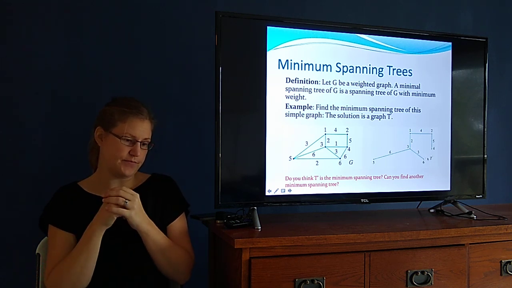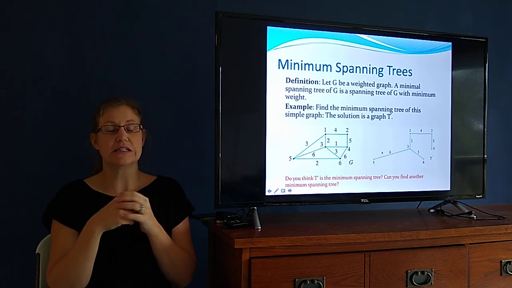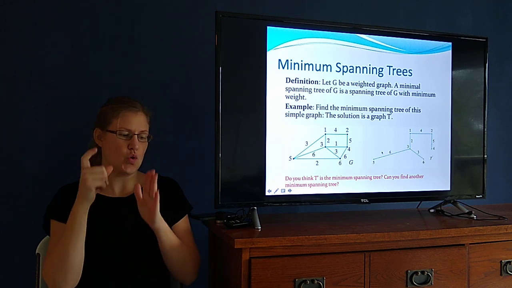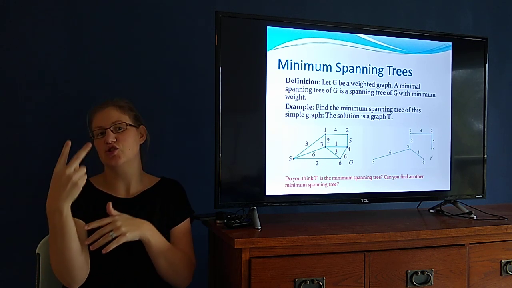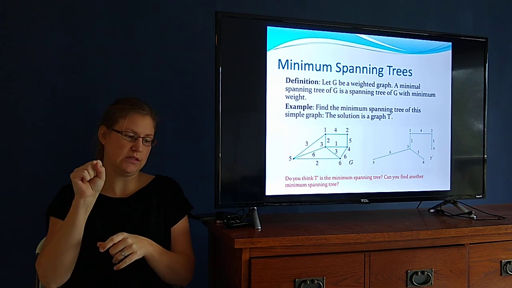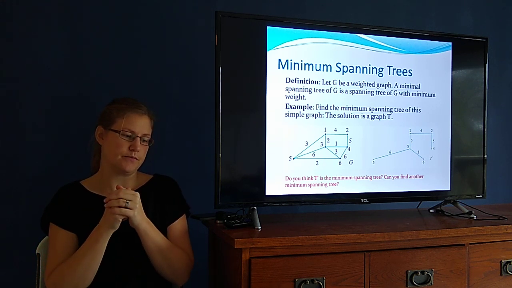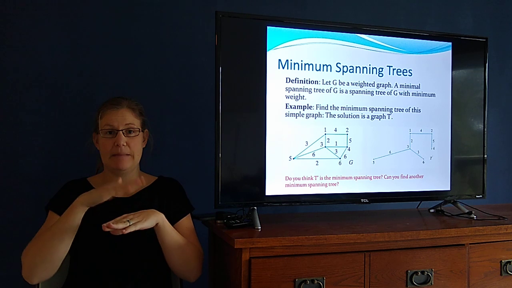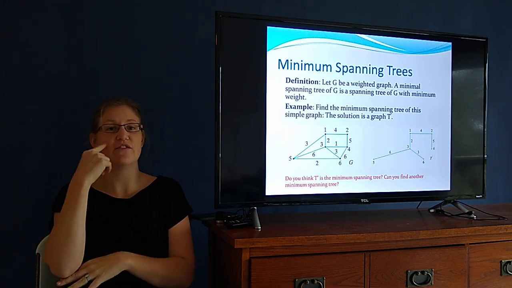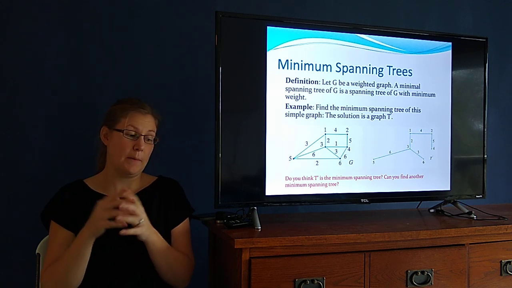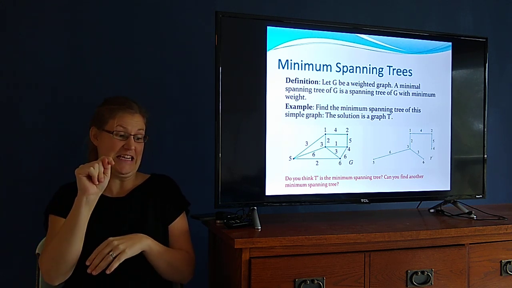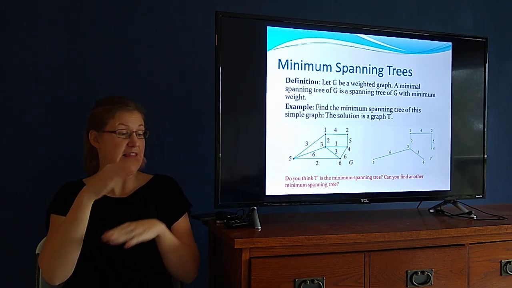G is the graph and T is a spanning tree of it. You can notice that you can find a simple path between any two given nodes in T. But the question here: do you think that T, the spanning tree, is the minimum spanning tree?